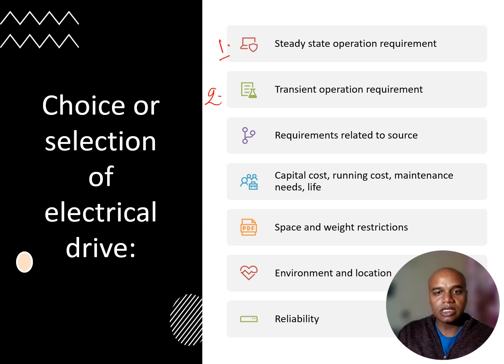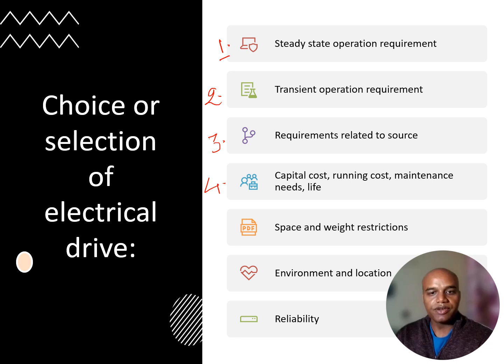And the third is the requirement related to the source. What kind of source is there? Like in the case of EV, we have the battery energy source. The fourth is the capital cost, running cost, and maintenance needs. All these factors need to be checked before implementing an electrical drive.